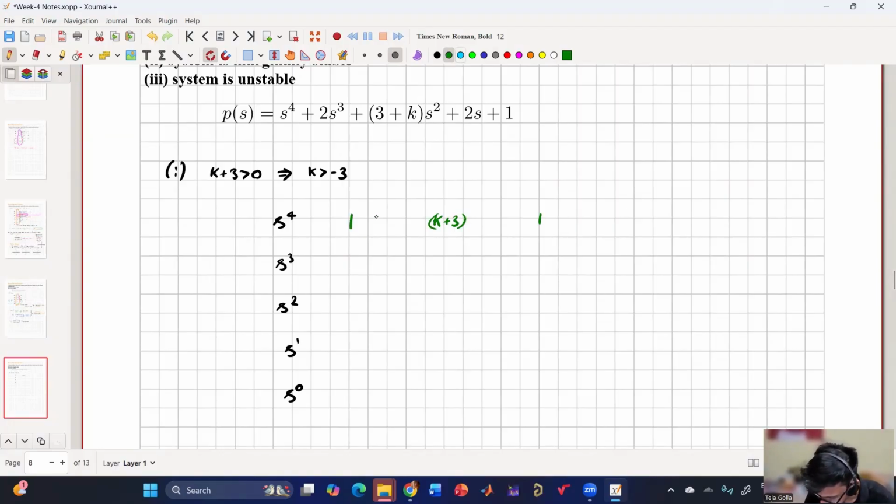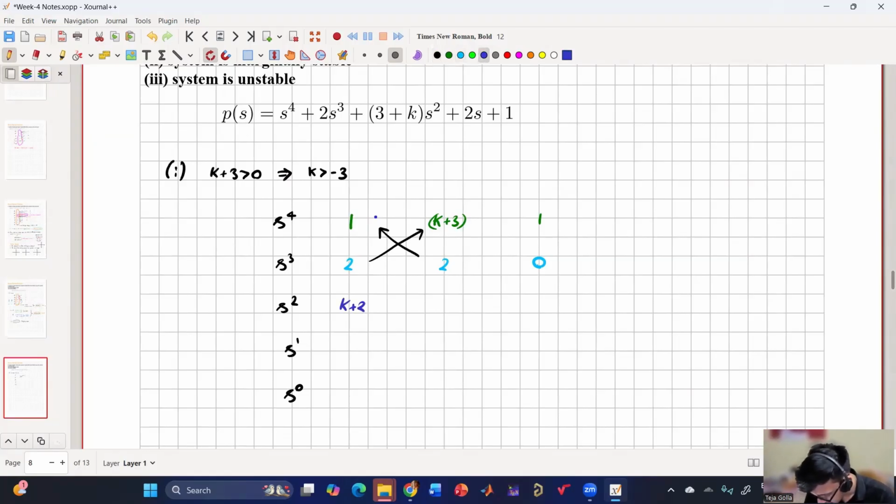Second row? 2, 2, 0. So now let us start with this. 2 into K plus 3 minus 2 by 2: K plus 2. Very good. So this will be K plus 2.